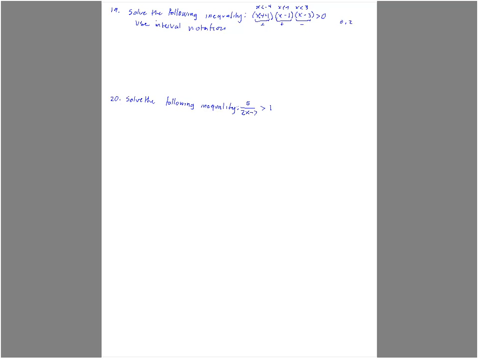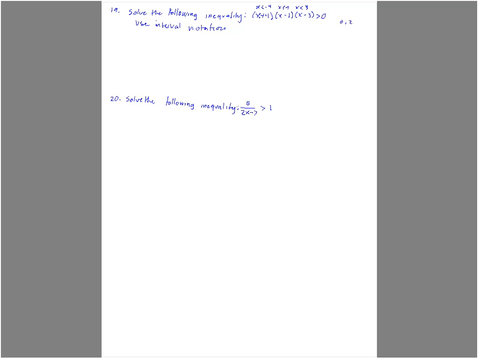But if you had like a negative times a negative, the two negatives would cancel, right? And so having an even number of negative terms would mean it's greater than 0, because it's not negative. Now, that also means that you can't have 0 be an answer because it's greater than 0.